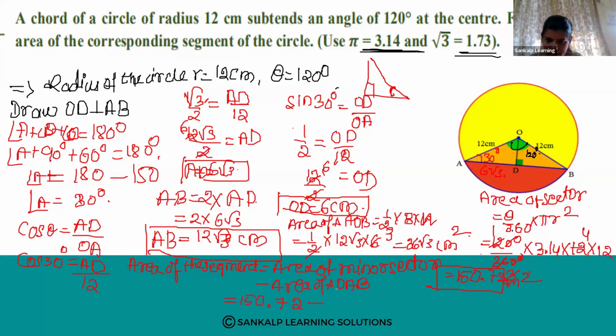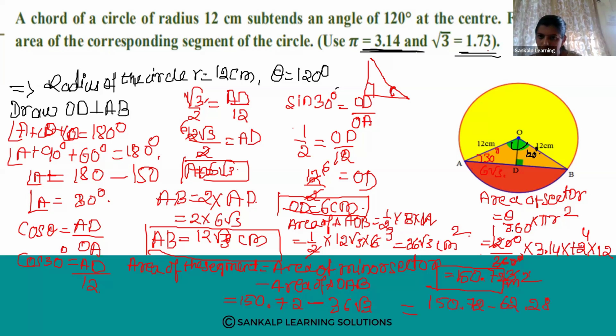So area of minor sector is 150.72 minus area of triangle, which is 36 root 3. Okay, 36 root 3. So if you further simplify this 36 root 3, you will get 150.72 minus 62.28.